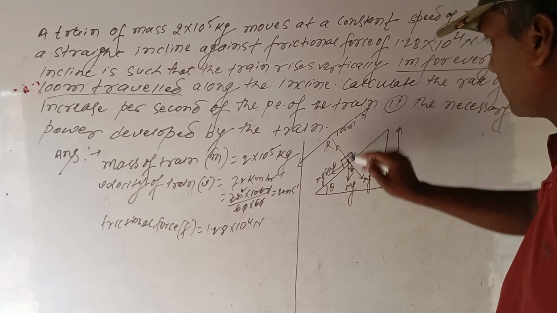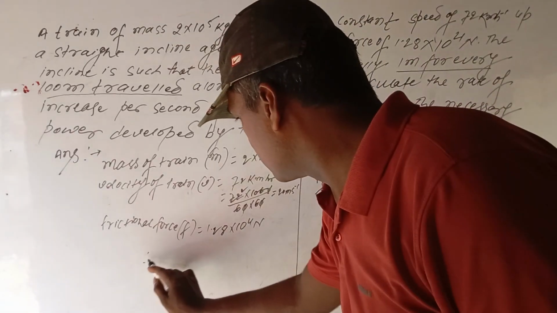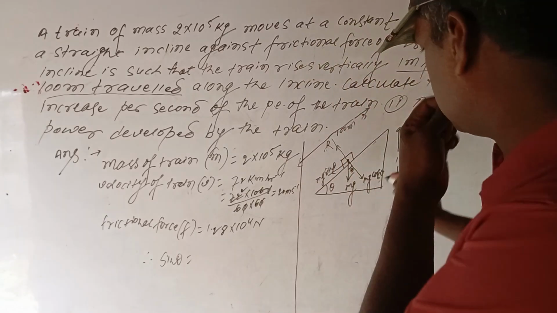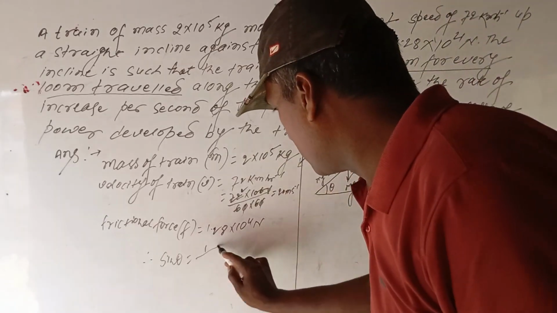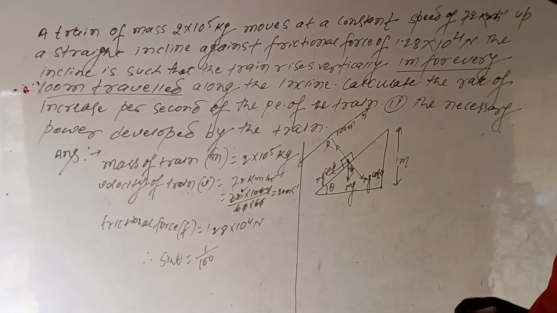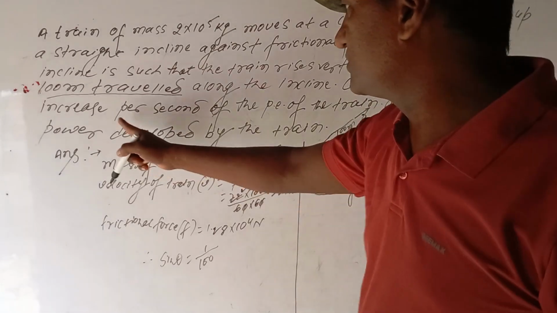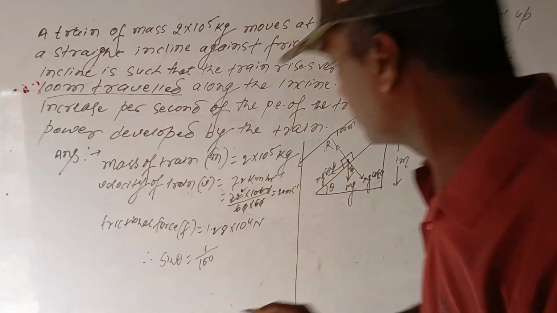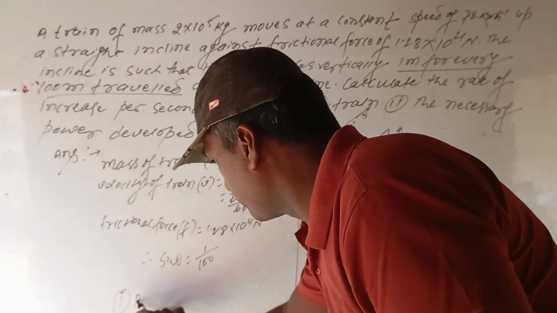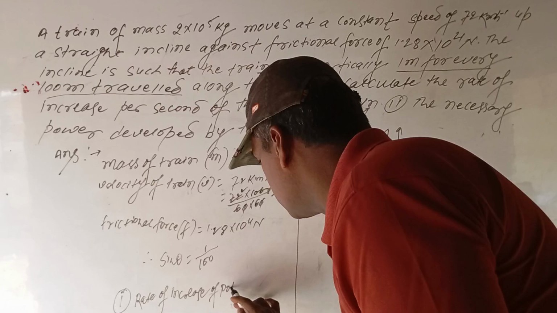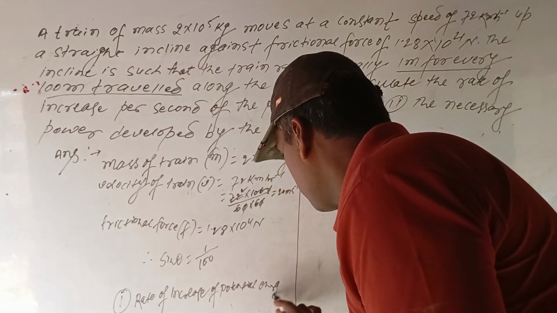This reaction is balanced by mg cos theta, but mg sin theta acts in the direction of the frictional force. Therefore, here we will use the total force as the sum of the frictional force and mg sin theta. Sin theta is taken as 1/100 because here the height acts as the perpendicular and 100 meters is the hypotenuse.